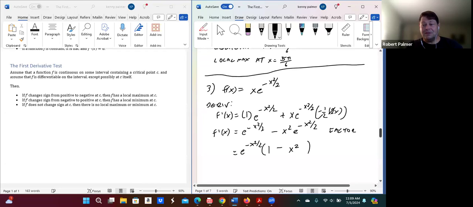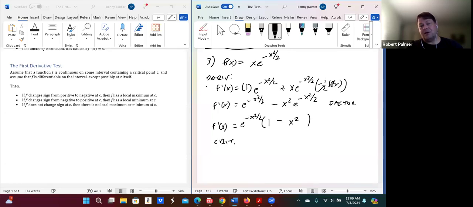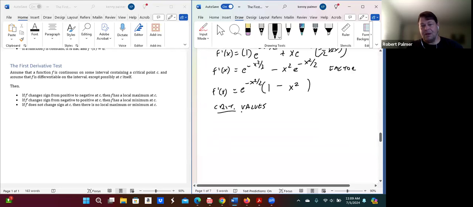That's going to make this a lot easier, and a lot more like the first one we did, although it's not a polynomial. So here's our derivative. Now, next, of course, find our critical values. Once again, set this equal to 0 and solve. This is probably easier than it may look, and I'll explain why after I write it.